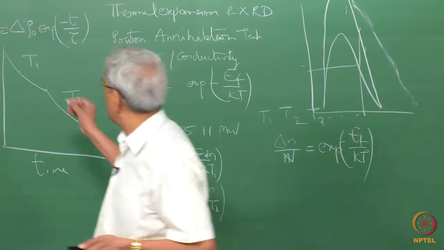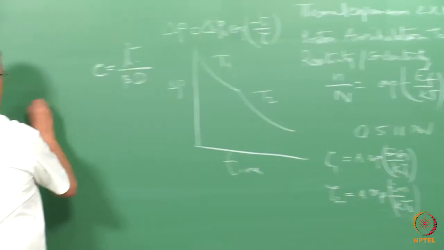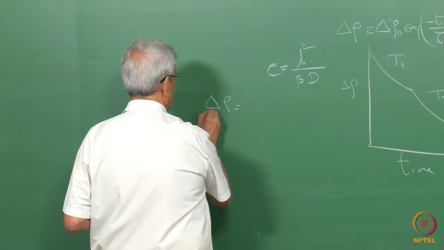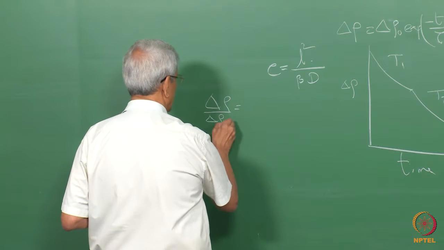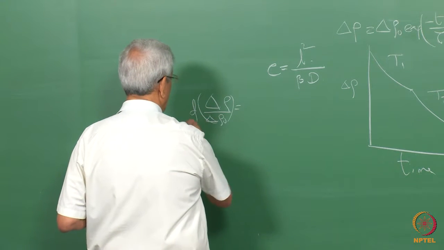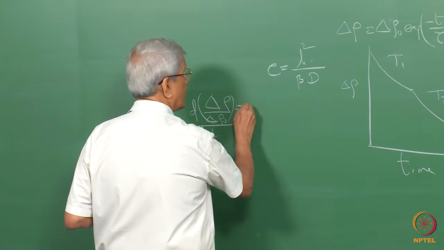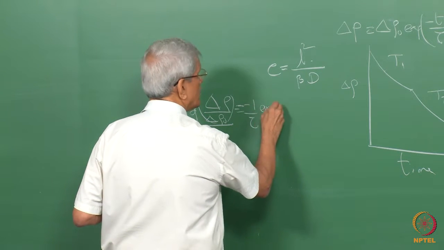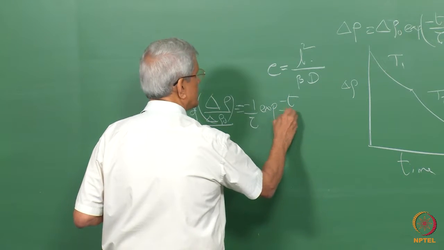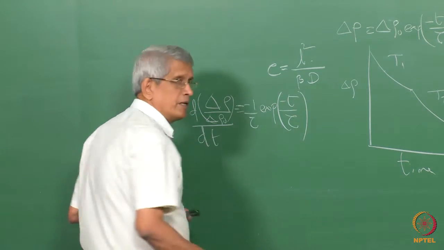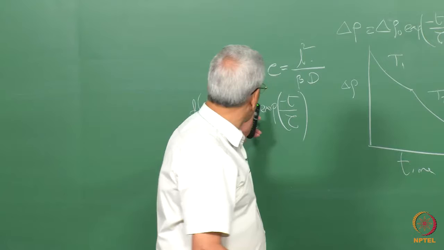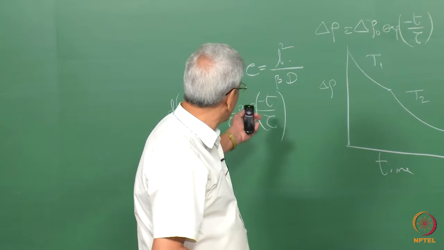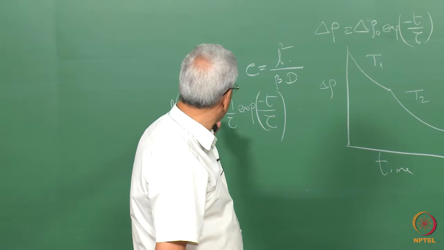If you take the derivative of this expression, delta rho 0 is a constant, you take d by dt, and you get minus 1 by tau into exponential of minus t by tau, correct? This factor itself we can plot.